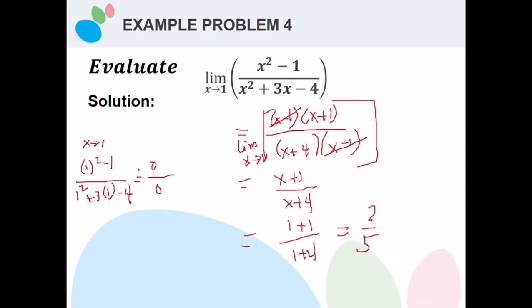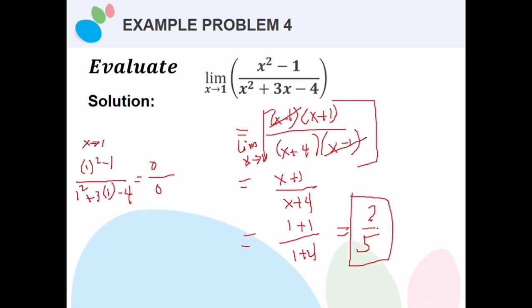At this point, we try some techniques to escape from the indeterminate form. So we use the factoring method. When we factor out the functions f of x and g of x, we cancel the common factor, and then we derive a value that is no longer an indeterminate form, which is 2/5.